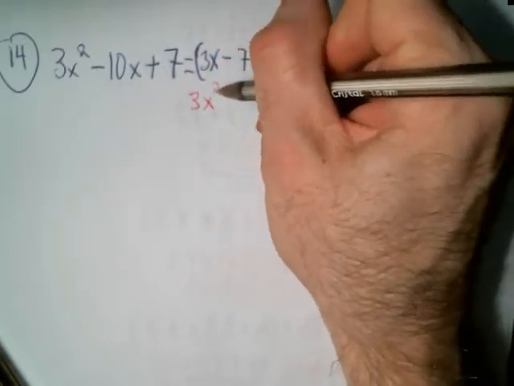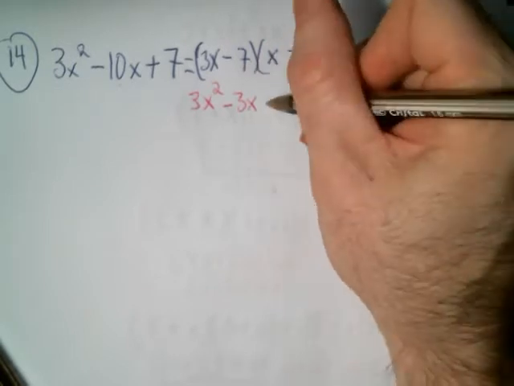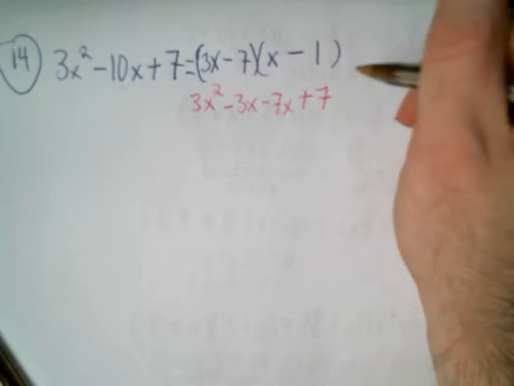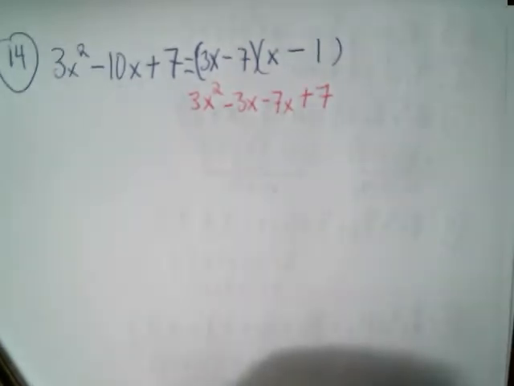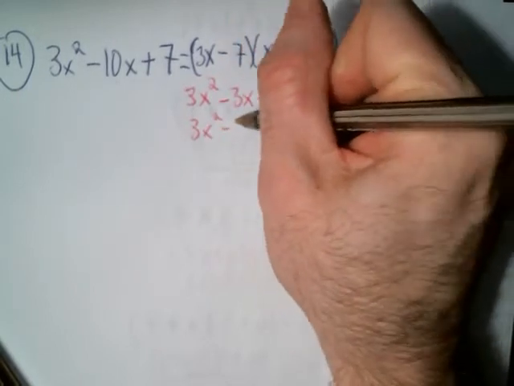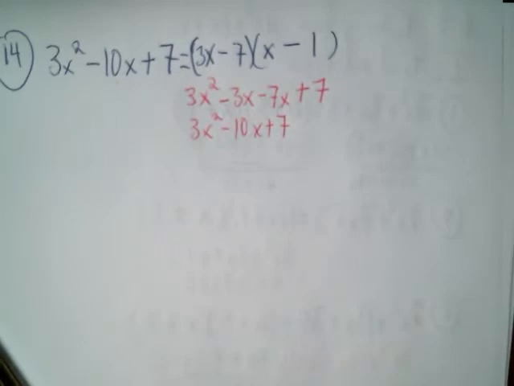I have 3x squared for the first, the outer minus 3x, the inner minus 7x, and then the last plus 7. Combining like terms, you get 3x squared minus 10x plus 7, and sure enough, that's our answer.